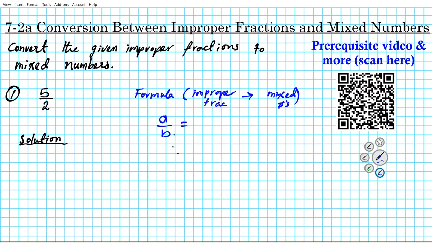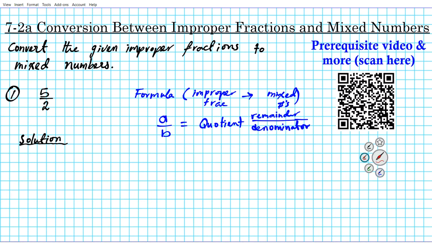When we apply long division to the quotient of these two numbers, we're going to end up with the quotient, and then the remainder divided by the denominator. That's how you convert an improper fraction to a mixed number.